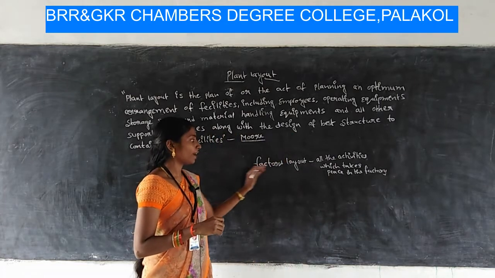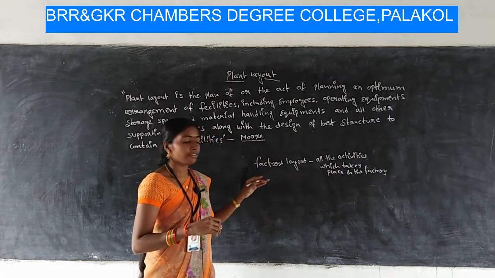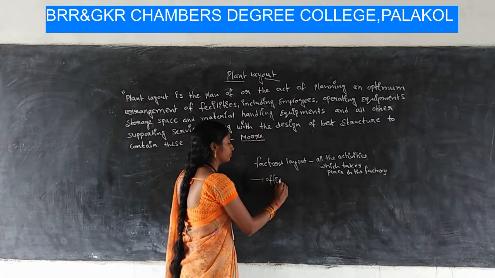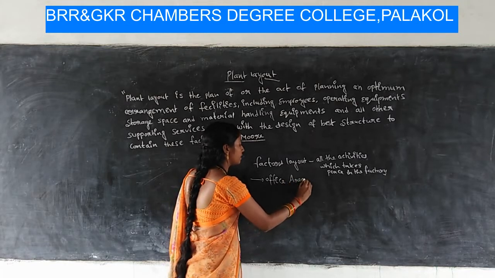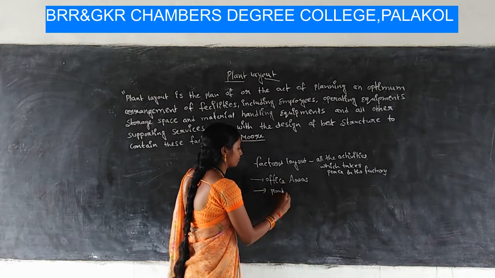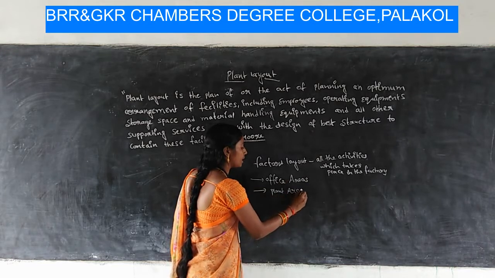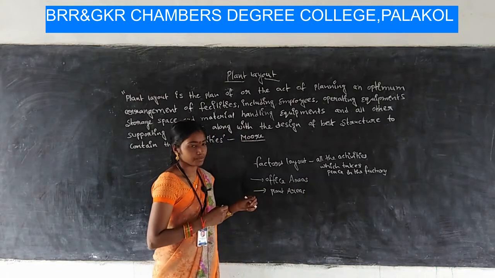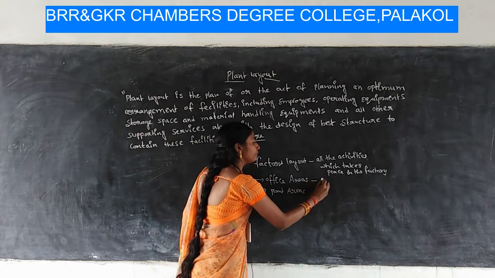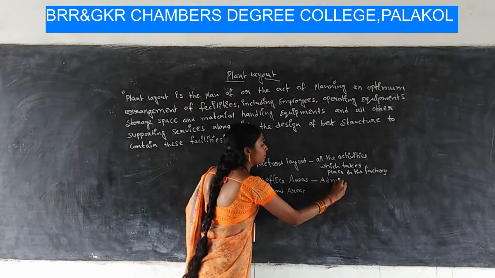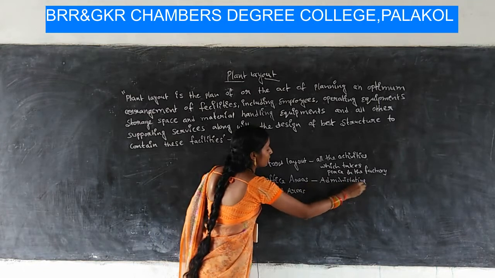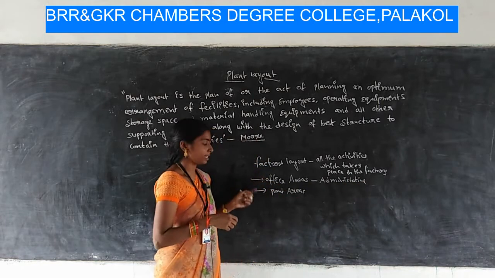What kind of activities take place in the factory? Office areas and plant areas. Office areas consist of administrative departments or administration of different factors. Administrative aspects come under office areas.